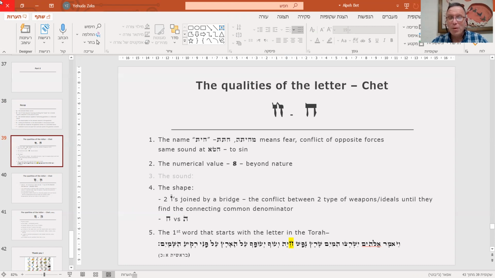If man is born perfect, why do you change nature? And he answered him, I knew you were going to ask that question. That's why I said man's deeds. Now, the idea here is that Hashem gives us the ability to, every now and then, touch beyond nature. So 8 is beyond nature, and we'll see a few more examples towards the end of the shiur.